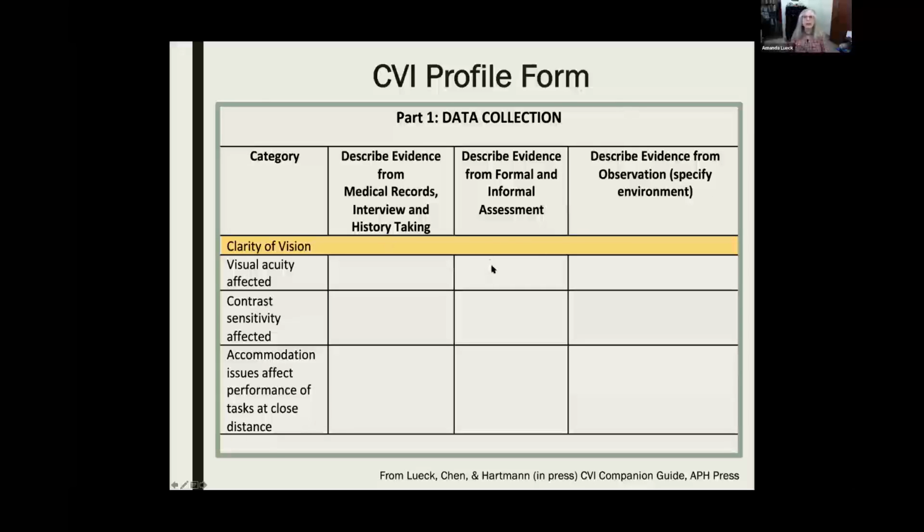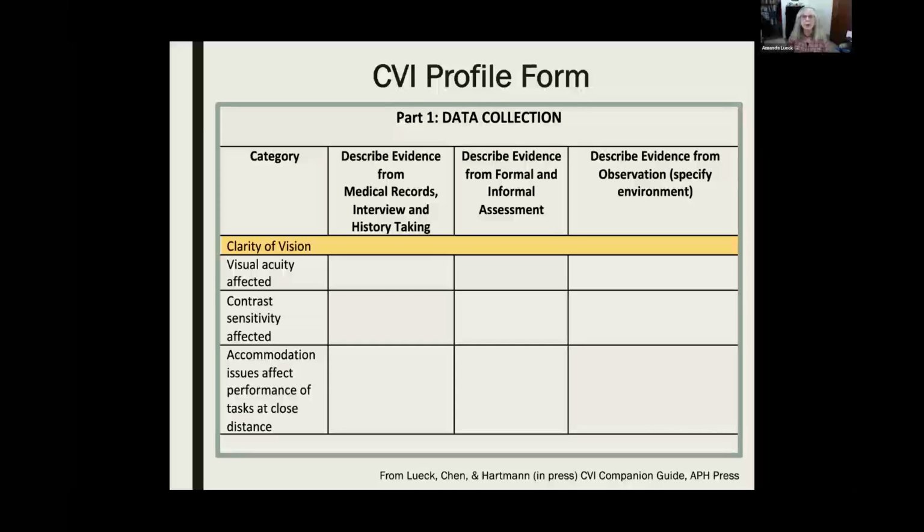It collects evidence from a variety of sources: medical records, interview and history taking, formal and informal assessment, and evidence from observation.